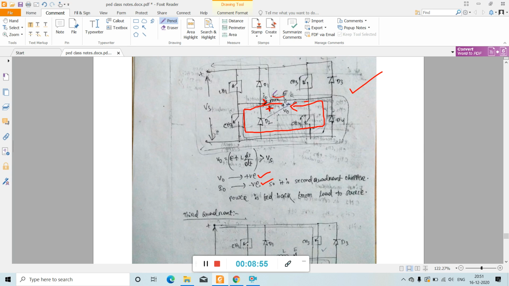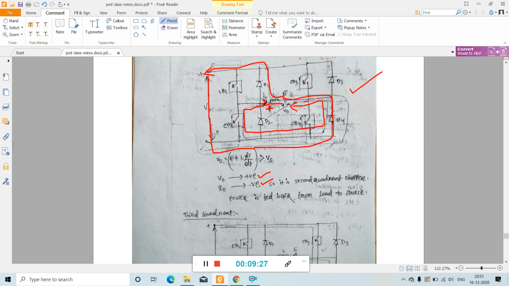This is the path, I have drawn it here, this is the total path. When chopper 2 is off, current is fed back from load to source through D1 and D4. So this is all about second quadrant operation.